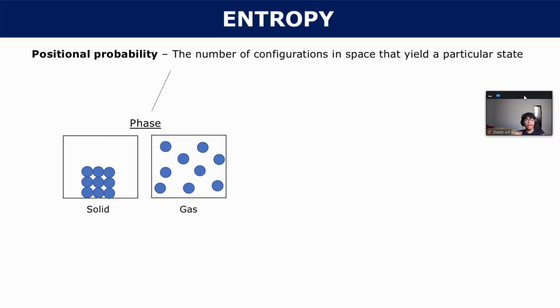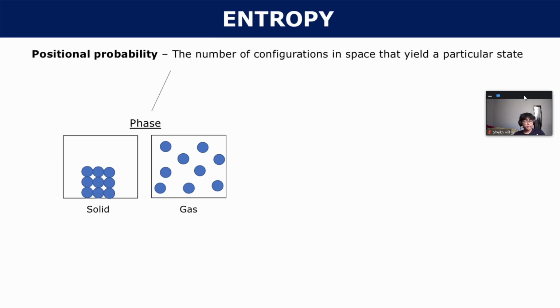So we say that the entropy in the solid is less than the entropy in a gas, because those molecules in the solid phase don't have as many places that they can be, right? They have to be closely packed together. But in gases, they can be in a lot more positions. So we say gas has a higher positional probability and therefore has a higher entropy.